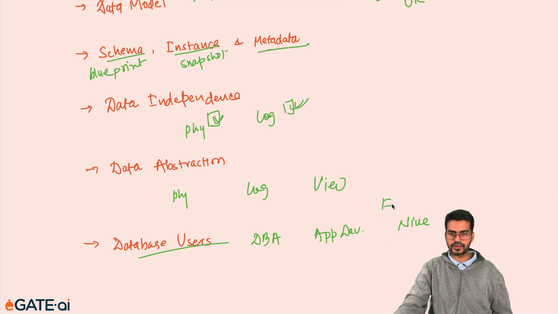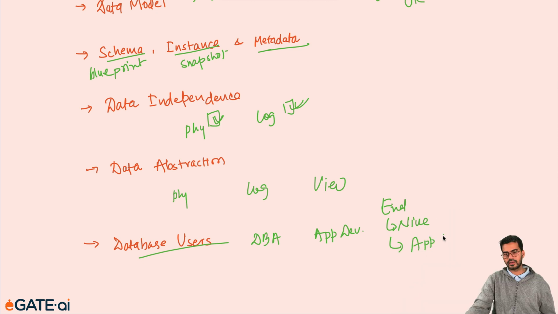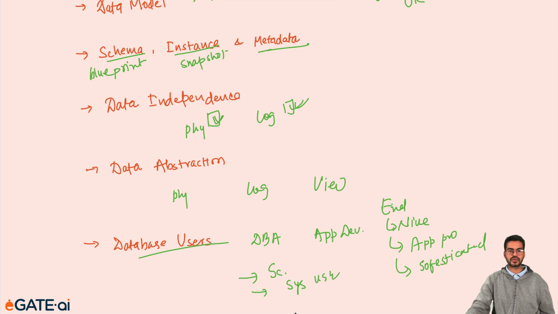These are basically end users, and inside end users you have naive users, application programs, and sophisticated users. Apart from all these user types, we also studied the data scientist or data analyst role, and then there is something called the system user. So these were the user types.